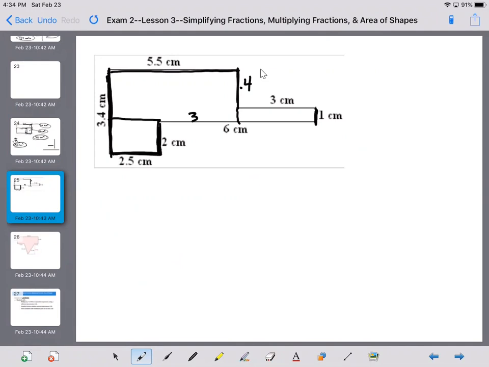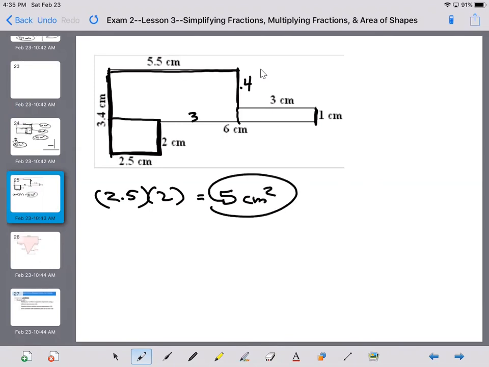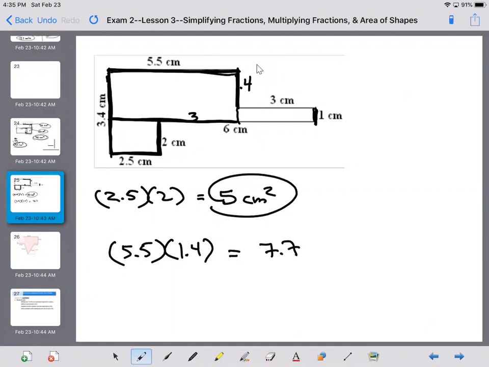So if we find the area of this little one, that would be 2.5 multiplied by 2, which would be 5 square centimeters. And then this one would be 5.5, because that's what this is. And then this would be 4/10 and 1. So that would be 5.5 multiplied by 1 4/10, and that will be 7 7/10 square centimeters.